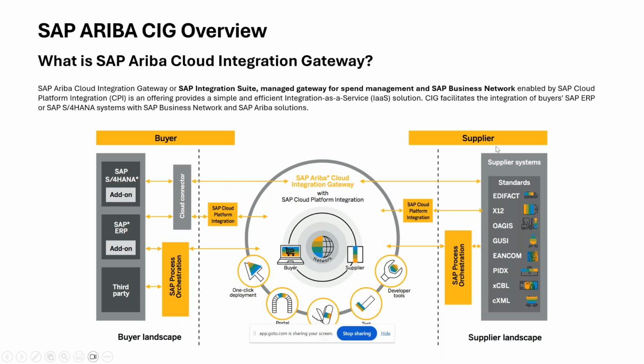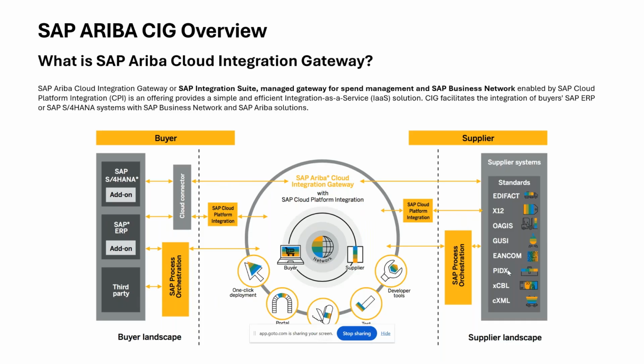Again, the right side comes to the supplier. Generally the supplier will transact using the business network. All the documents from Ariba go to the network and then to the supplier, and the supplier receives the corresponding documents, purchase orders or anything. They do have their SAP ERP on the supplier side. I'm talking about not the buyer.